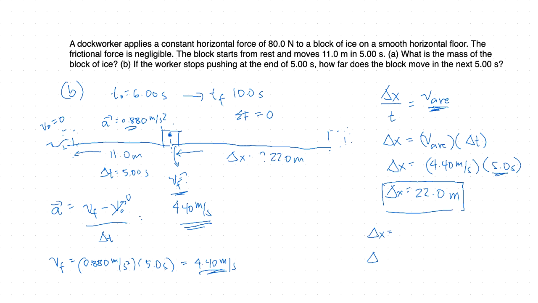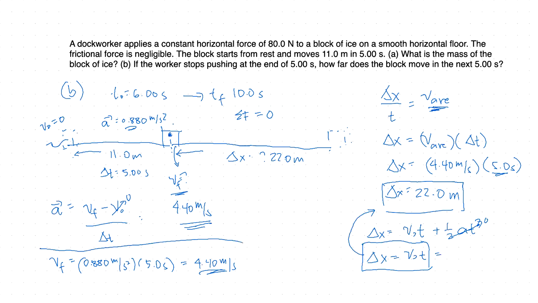So you can find the initial velocity times time plus 1/2 AT squared, since the acceleration is 0. We have the displacement is equal to the initial velocity times time. So we can see that the equations are the same. So we can get the 22 meters. So that's how you will solve the first problem.